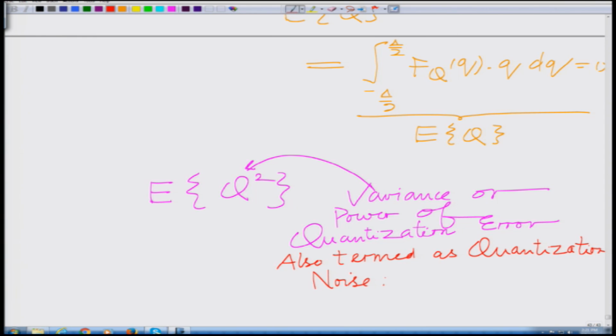The reason is that quantization causes an error which acts as a noise in the signal. So, you have the signal and the quantized version of the signal, and the quantized version has an error that results in noise. So, that is quantization noise.